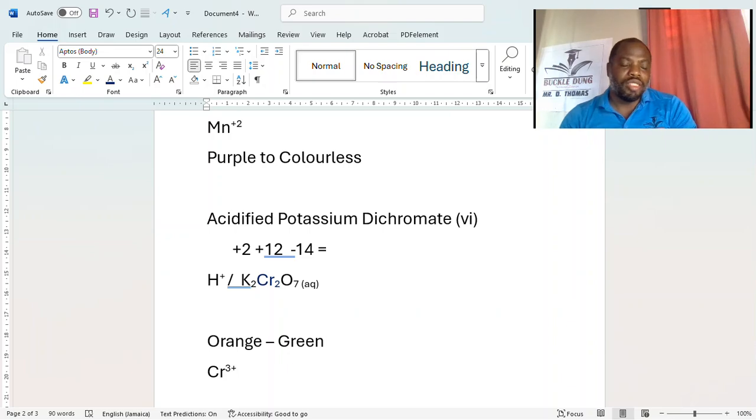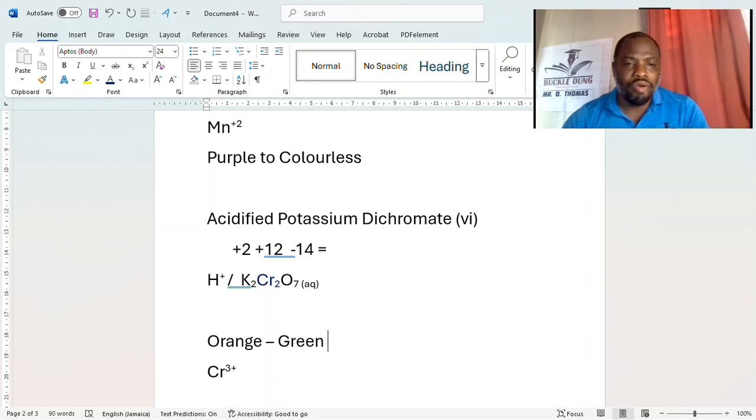Once it is with a reducing agent, we know that the reducing agent is going to cause the oxidation number to reduce. So it moves from a plus 6 to a plus 3, and so you get that color change from orange to green.